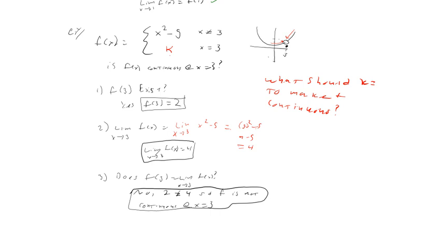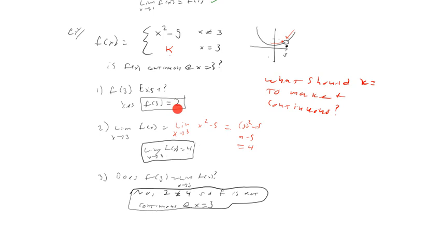Yes. The number that I want to fill in to connect it is equal to the limit, right? I found a limit. Well, if I know the limit, I know what I need to be equal to. So if the limit's approaching 4, to make it continuous, I make it equal the limit. I make it equal 4.